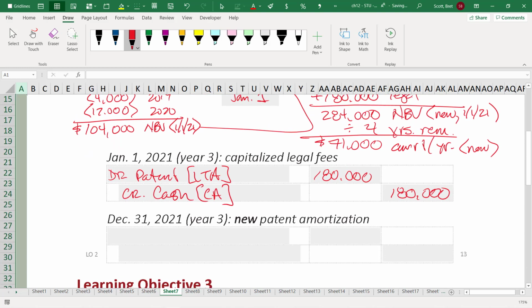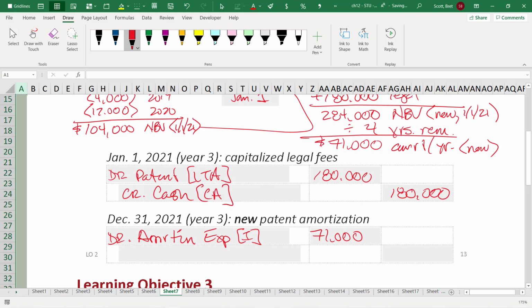So be very careful when you're working on these problems. And for exam purposes, be very careful. We're going to come up with a new amortization expense on the income statement for $71,000. Why is it bigger? 2 reasons. One, we capitalized more into the overall net book value. Net book value has gotten bigger.